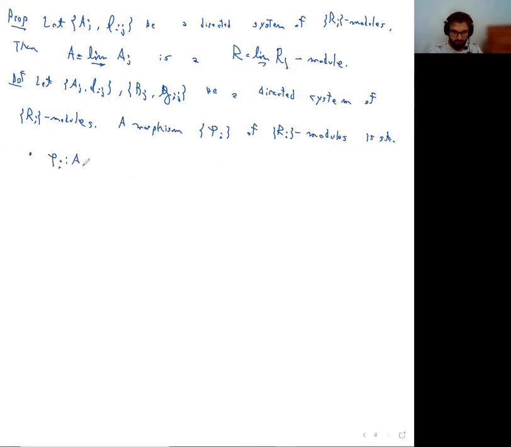So what is this? Well, first of all, we have that at each level, we have a morphism of modules with the corresponding ring. Yeah. And then of course you want some commutativity condition.